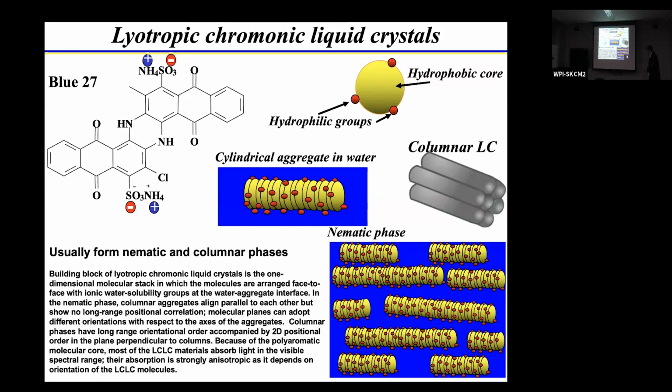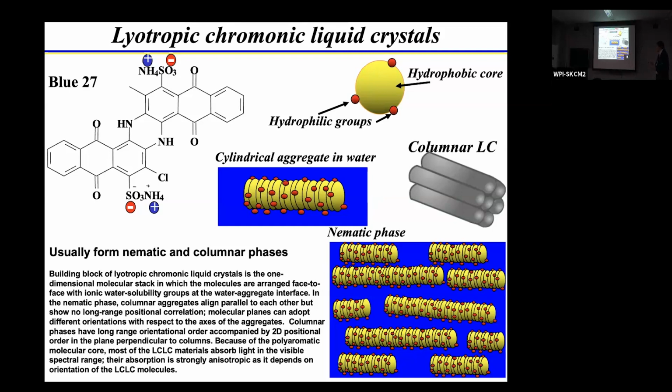So now you can imagine that the phases we discussed can be formed not just by individual molecules or nanoparticles, but rather by molecular aggregates. So they can form nematic phase, where the centers of mass of these aggregates are not correlated, and they move around, but orientational ordering of these anisotropic molecular aggregates is well defined.